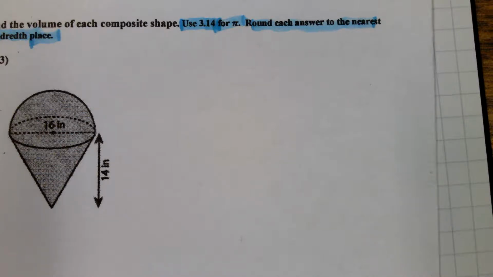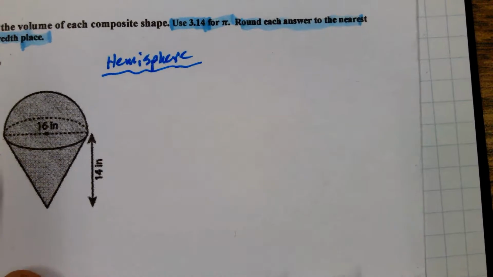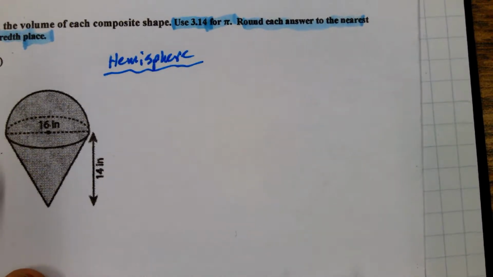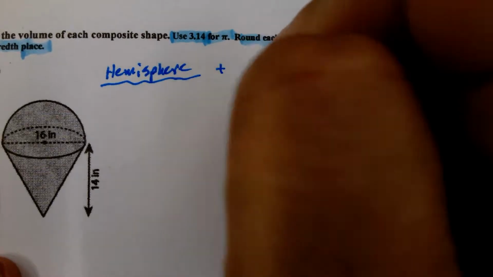So let's do that. So let's start with a hemisphere. It's a little tougher. So we're going to find the volume of the hemisphere, add it with the volume of a cone.